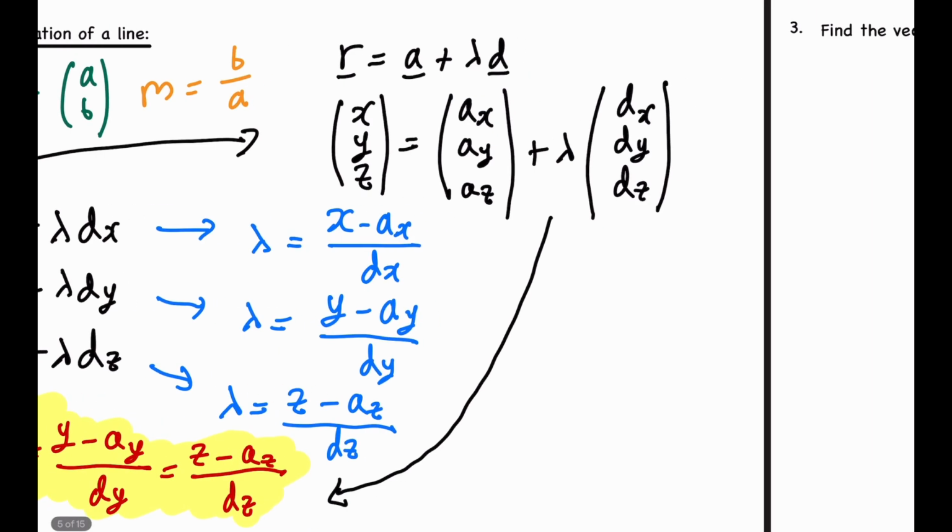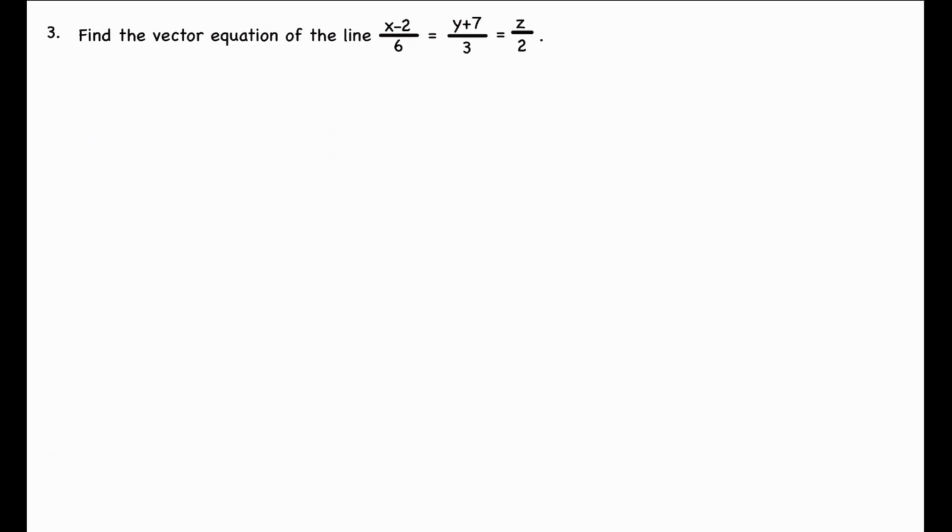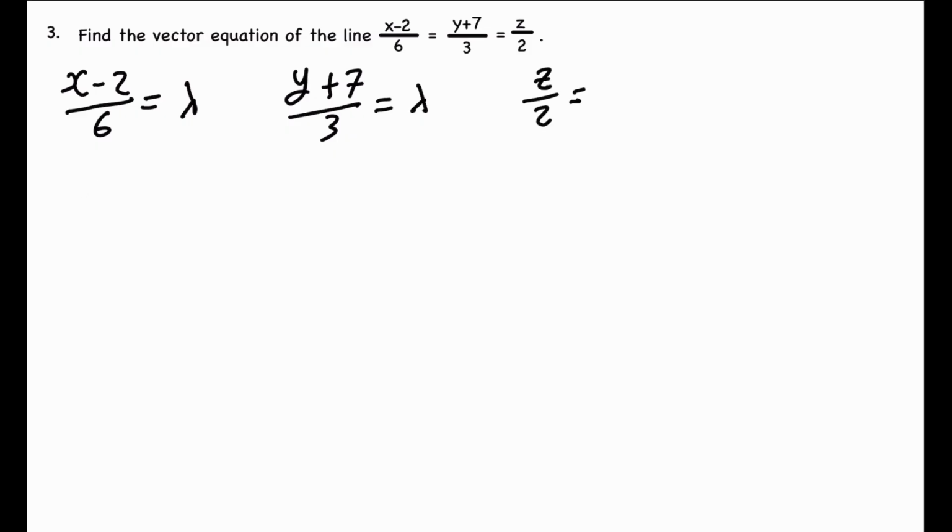So now let's move on to a question where they're asking for the vector equation of the line from this Cartesian equation of the line. So remember what we said before. To find the vector equation, we just have to make each one of these equal to lambda. So we're going to say (x minus 2) over 6 is equal to lambda, (y plus 7) over 3 is equal to lambda, and z over 2 is equal to lambda.